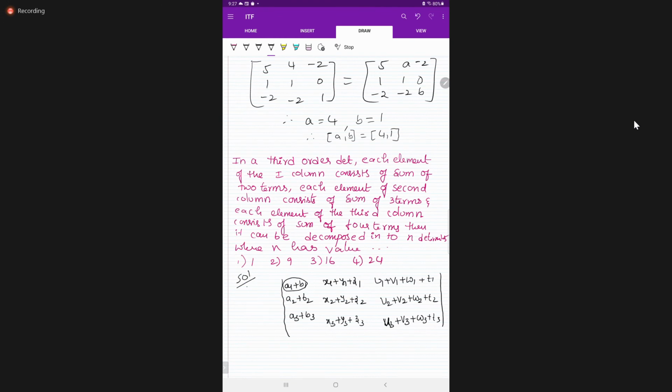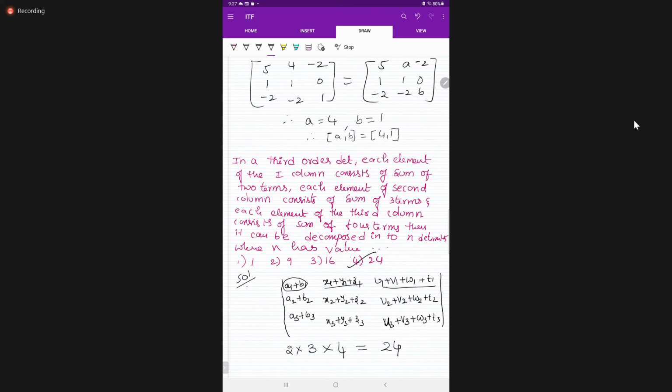Sum of 3 terms can be written as 3 determinants. 4 terms can be written as 4 determinants. So 2 into 3 into 4. What is the answer? 24. Understood, all of you?